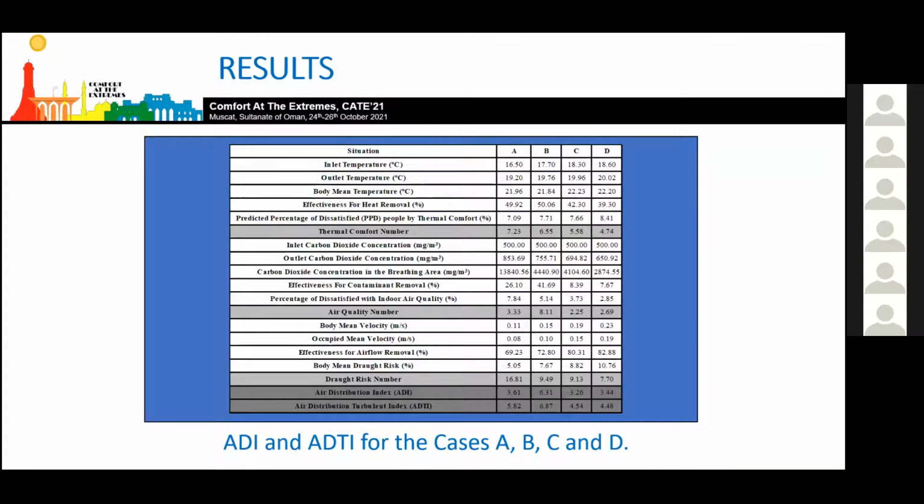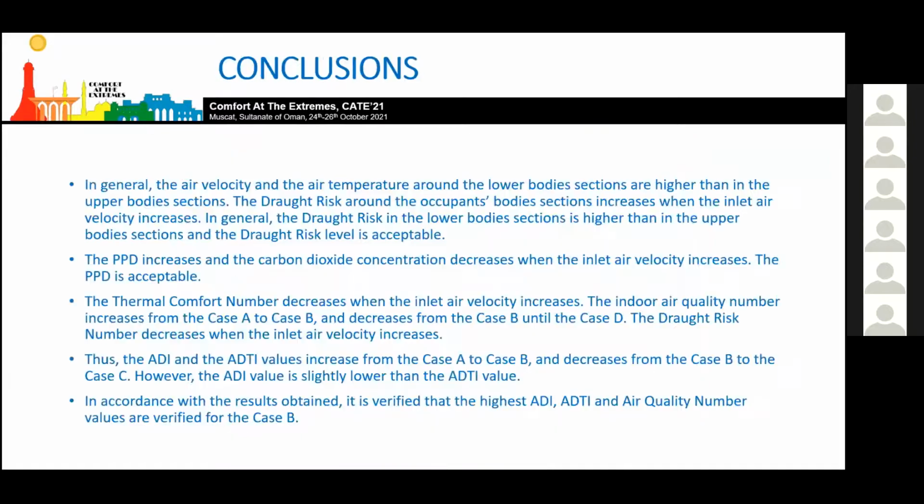So in conclusions, in general, the air velocity and air temperature around the lower body sections are higher than in the upper body section. The drug risks around the occupant's body section increase when the air velocity increases. In general, the drug risks in the lower body section are higher than the upper body section, and the drug risk level is acceptable.